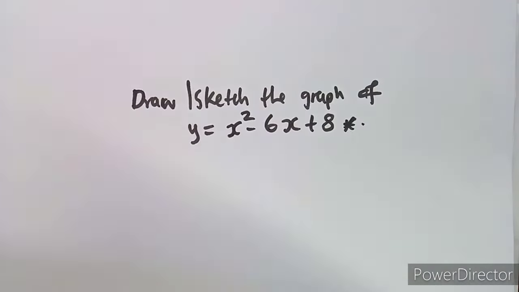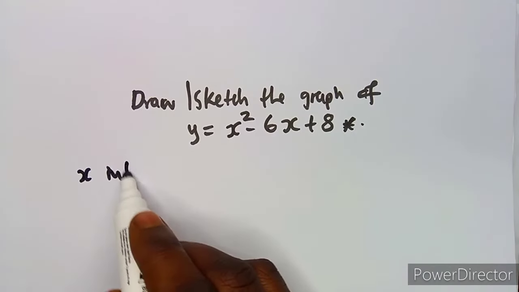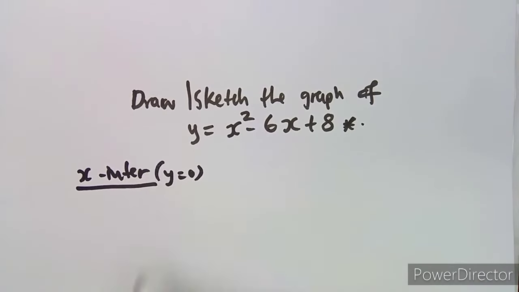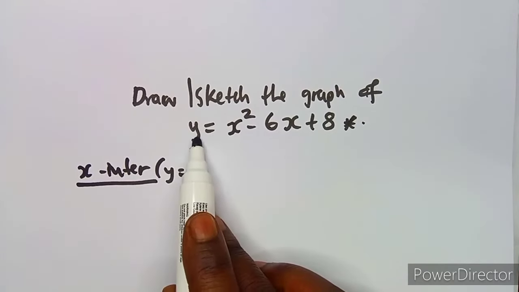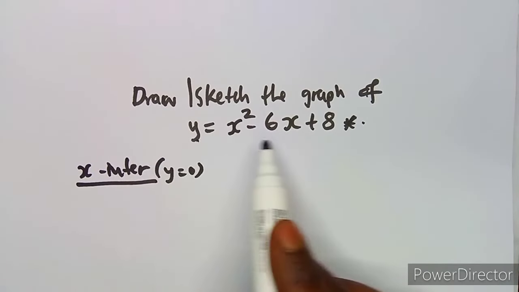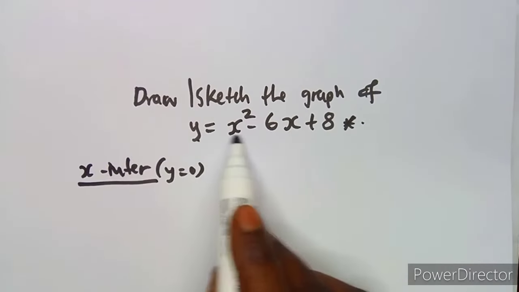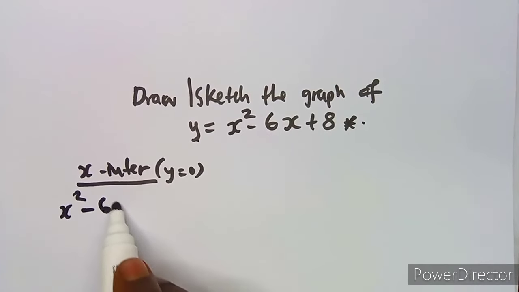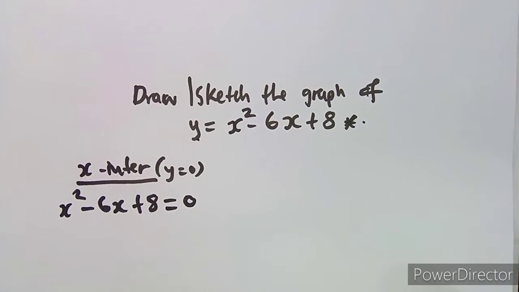We said the x-intercepts are found on the condition that y equals 0. So we have to find the values of x when y equals 0. Instead of writing 0 equals, you can just start with this side: x squared minus 6x plus 8 equals 0.